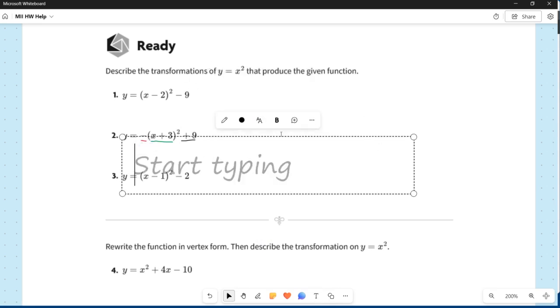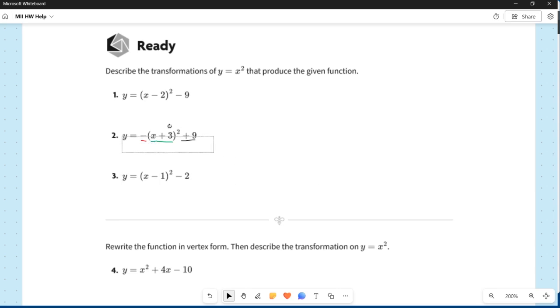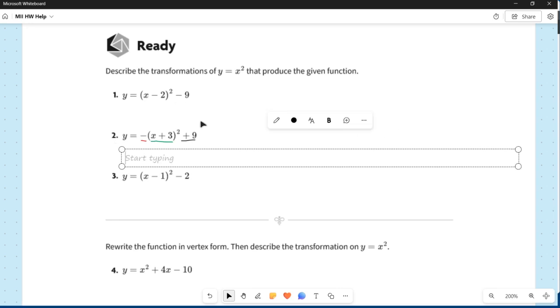To describe the transformations, like I said, the first thing we need to talk about is what's happening with the x plus 3, because that's the closest thing to our input. As soon as you plug in a value for x, you have to deal with the plus 3, so it's the first thing that happens.